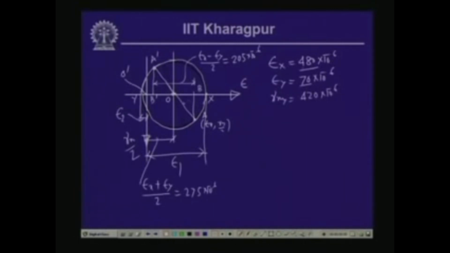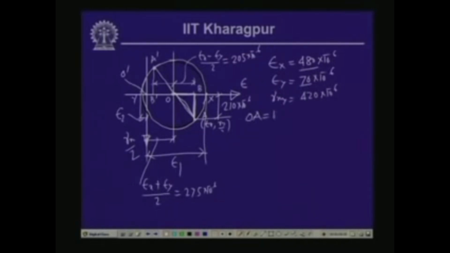And this distance is gamma xy by 2, which is 210 into 10 to the power minus 6. Thereby, from this triangular configuration, this is 210 and this is 205, and this is the radius of the circle, which is OA.